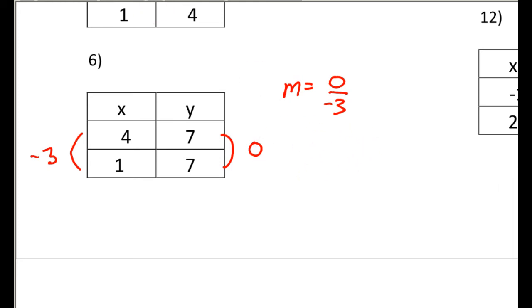And if you're not quite sure, do the sketch. So we have 4, 7. Where is that? Let's say it's 1, 2, 3, 4, up 7. And then we have 1, 7. That would be right here. What kind of line is this? That's a 0 slope.